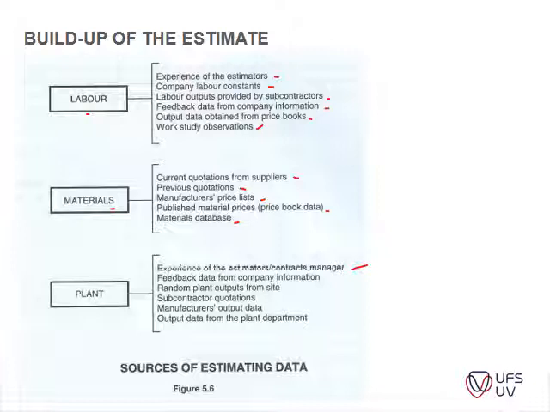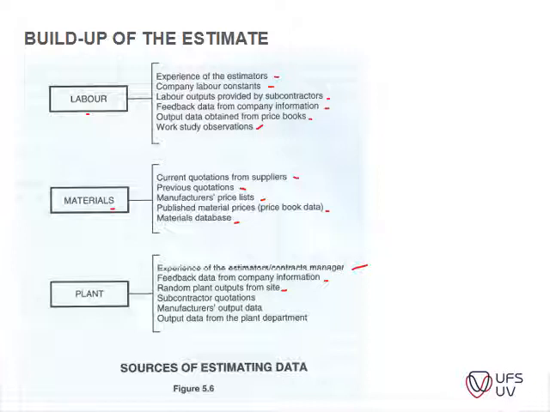So feedback data from your company information, random plant outputs from site. So you look at what the plant can actually produce, how many cubic meters can be excavated by this excavator with this operator working on it.